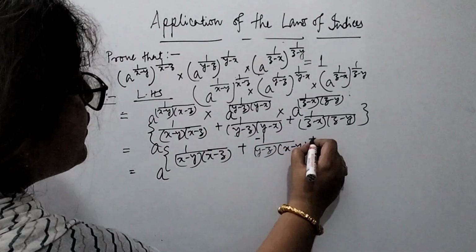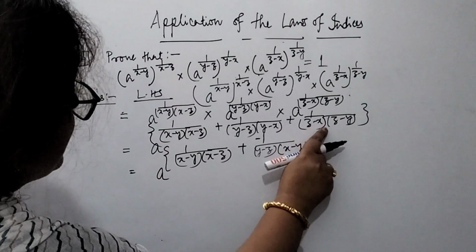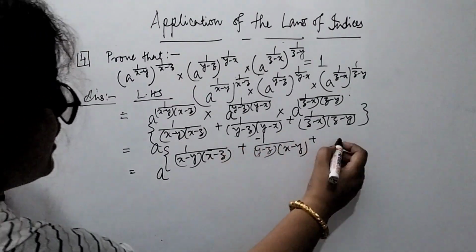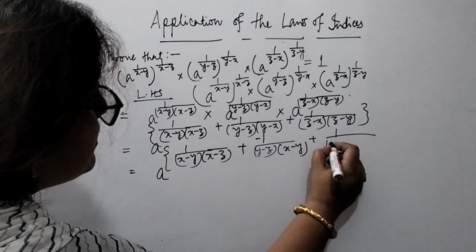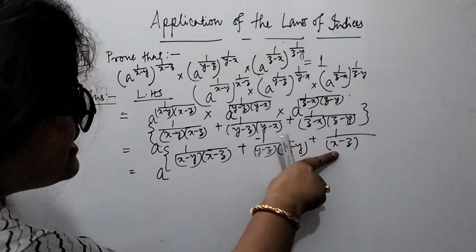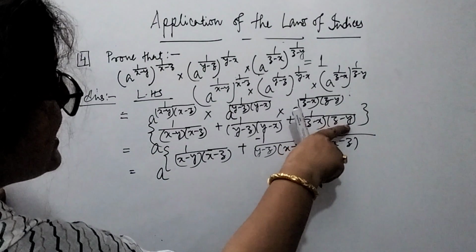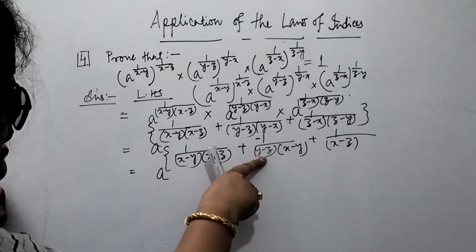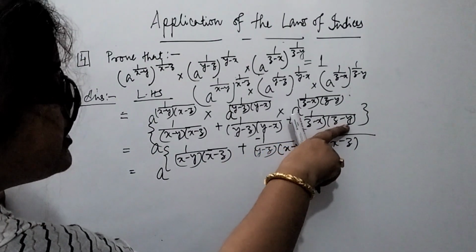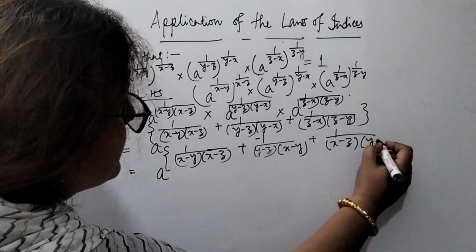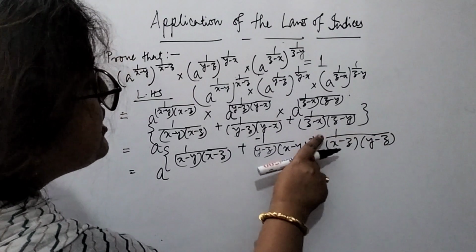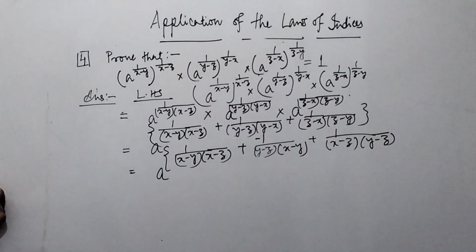The same thing goes for the third expression. This is z minus x, but we want x minus z, so one minus is coming out from here, and z minus y, here it is y minus z. To shift it to alphabetical order we also take minus 1 in common, and these 2 minuses together will give you plus 1, right? This kind of arrangement will make our calculation easier.